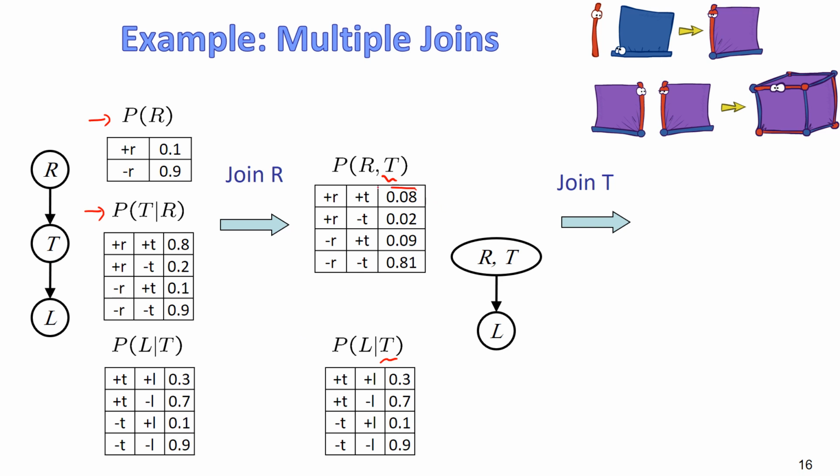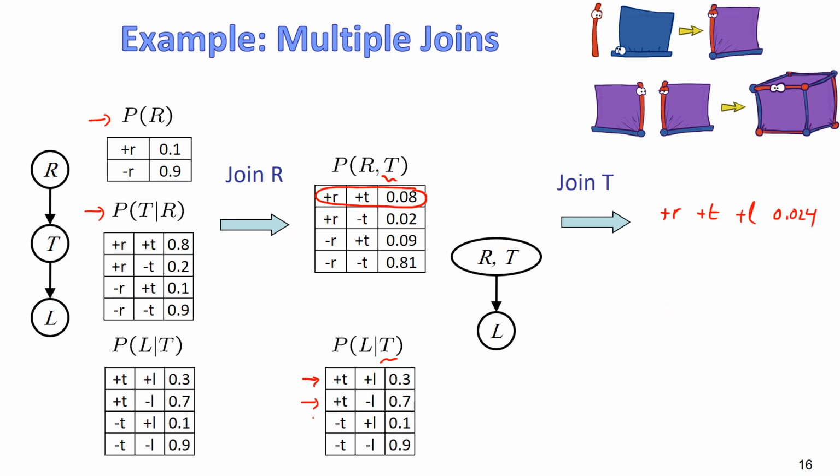So we'll take this row. Remember, we are joining on T, right? So we'll match this table, we'll join this row with all the rows that have plus T. So that has plus T, that has plus T. So here we'll have plus R, plus T, and plus L. And the value of that row will be 0.08 times 0.3, which is, I think, 0.024.